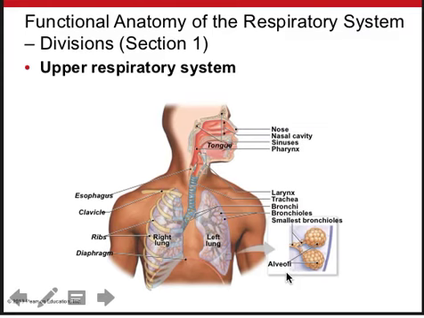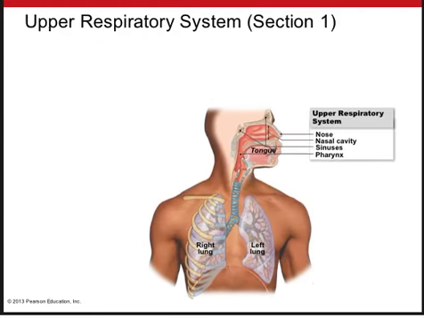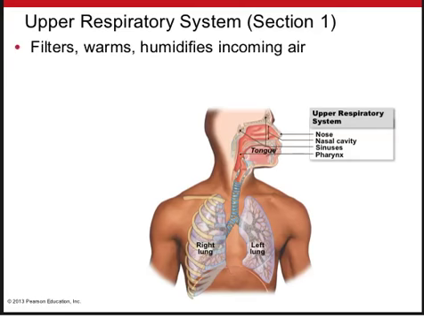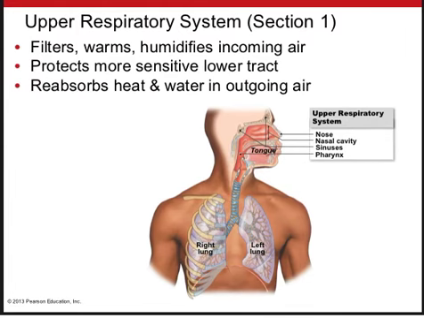There are two different divisions of the respiratory system, the upper and lower respiratory. The upper respiratory system filters, warms, and humidifies the incoming air before it gets into the lungs. If we didn't do that, it would damage the delicate lung tissue, which is designed primarily for gas exchange. It protects the sensitive lower tract as a result. It also reabsorbs heat and water in the outgoing air.